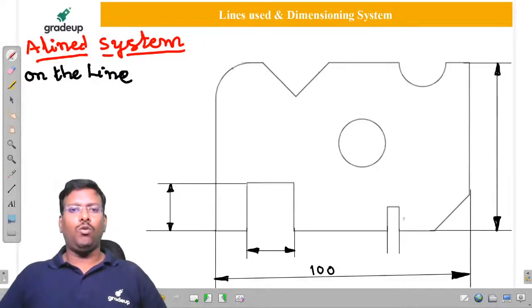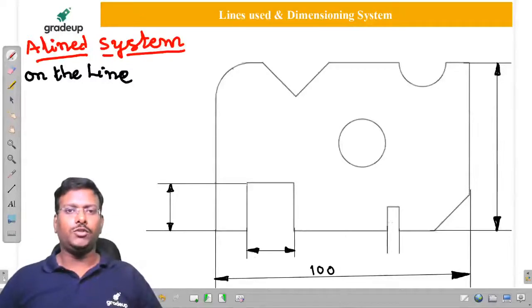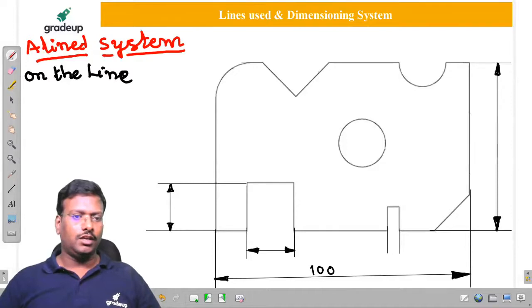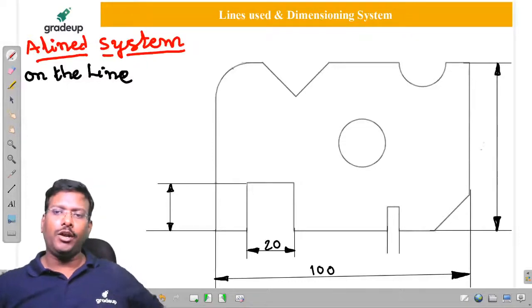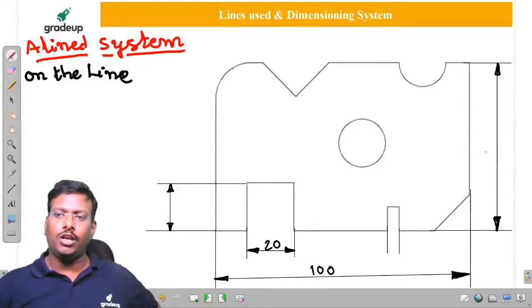Good. Now here observe. Sir, how to give it? Here there is no doubt. Let us consider it is going to be 20. You wrote like this. But here I am going to draw two things. Here I am going to represent 75.